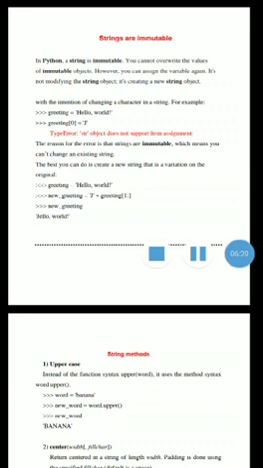For example, greeting equal to hello world, which is the existing variable. Now, you use one more variable, that is new_greeting = 'j' + greeting[1:], with no m value. What it indicates is that it is doing a concatenation operation.